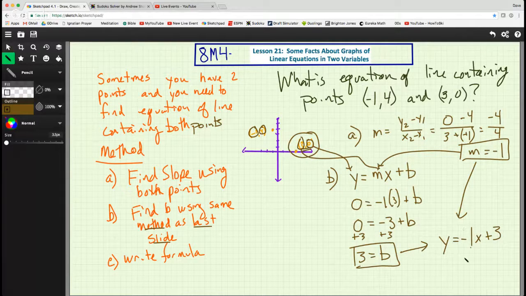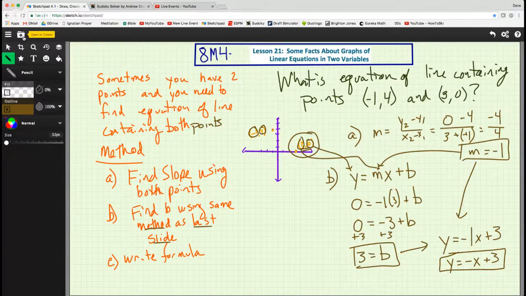And because this is a -1, we can just turn that into a -x plus 3. So those are the two strategies that we incorporate. We either have 2 points or we have a slope and a point. So type 1, we have the slope and a point, and so we can just use these 2 steps, which were outlined on the previous slide. Or if we have 2 points, we have to first find our slope and then use the next 2 steps.